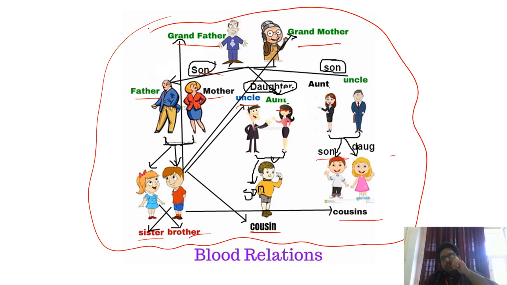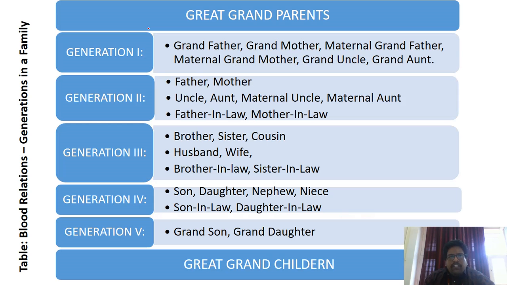So to ease this visualization, I have grouped every family member into different generations. These are the generations in most of the families that we have. Now we are going to discuss each one by one. So these are blood relation generations in a family table or diagram.